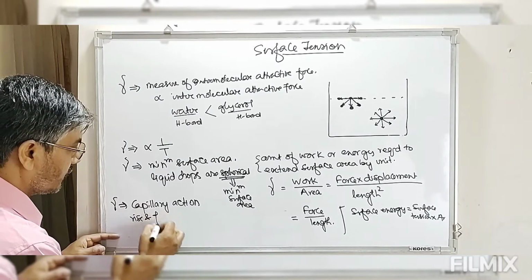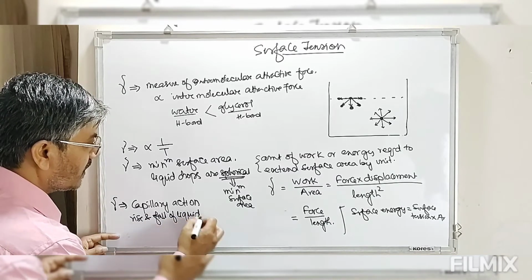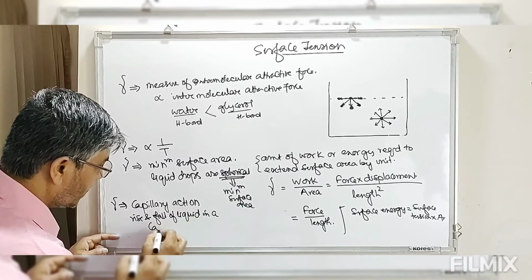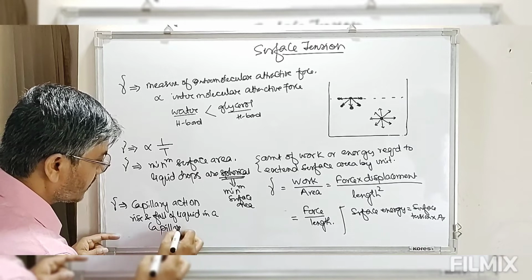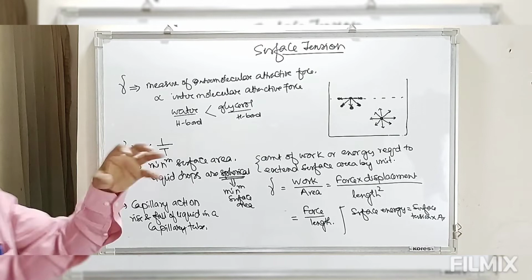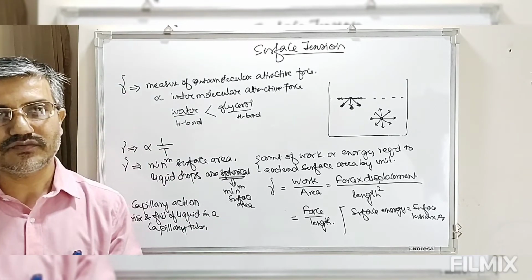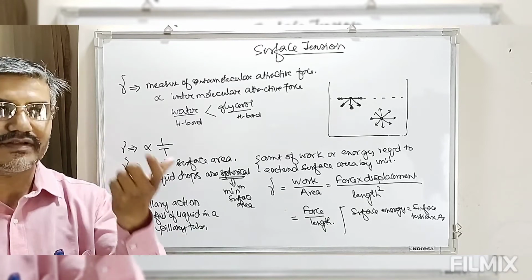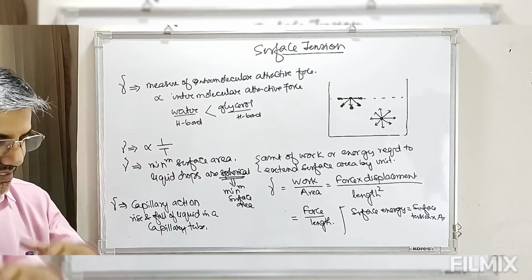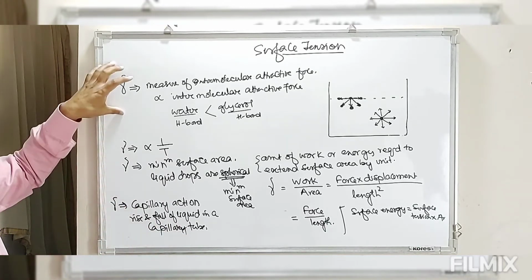When we have a container and we place a capillary tube in it, either the liquid will rise or the liquid will drop. This rise and fall in the capillary tube is because of surface tension.